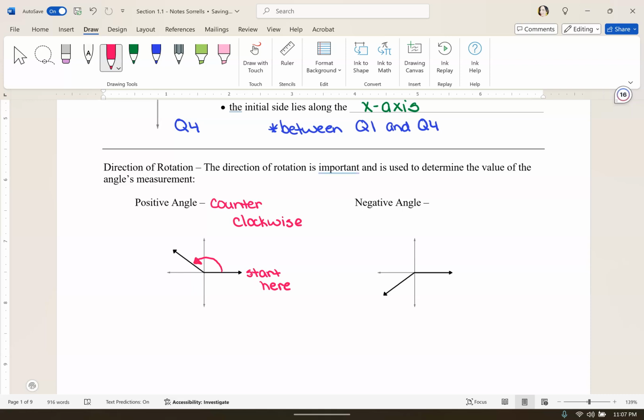We normally show a little curve with an arrow, so it shows the direction we're going. Negative angles are clockwise. Remember you always start here, and of course we go down for that one, and then we put our little arrow on it so we know which direction we have gone.